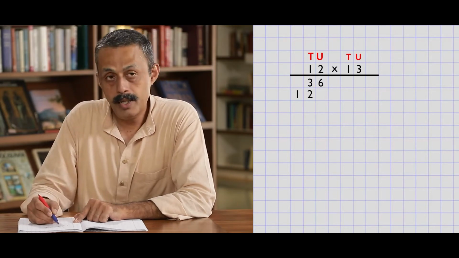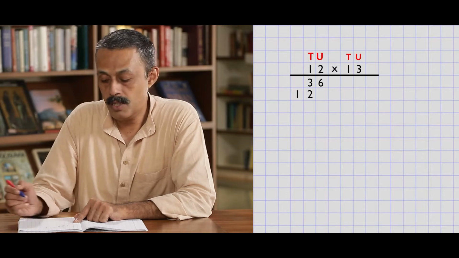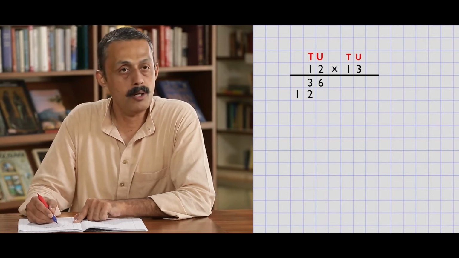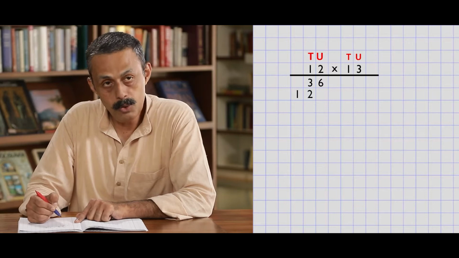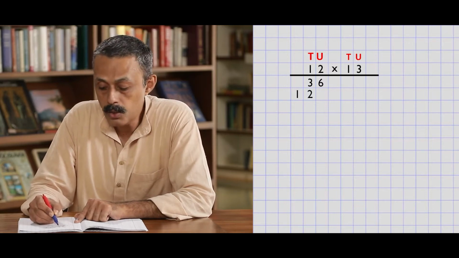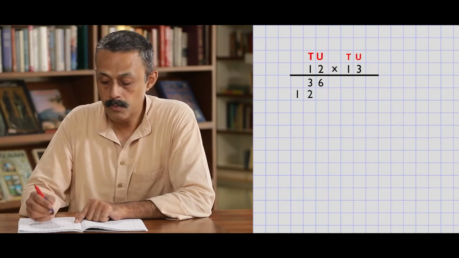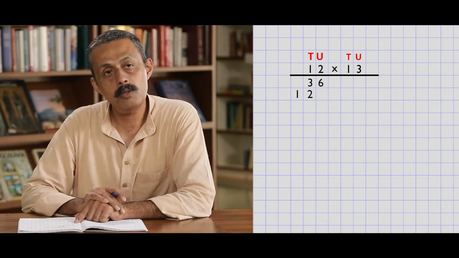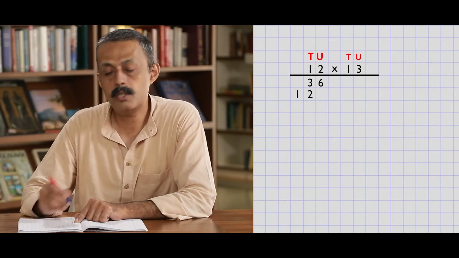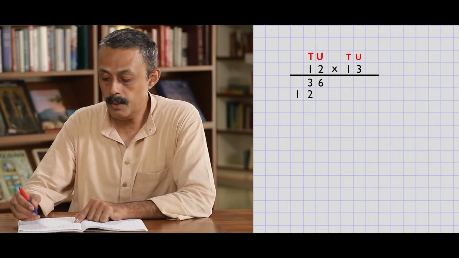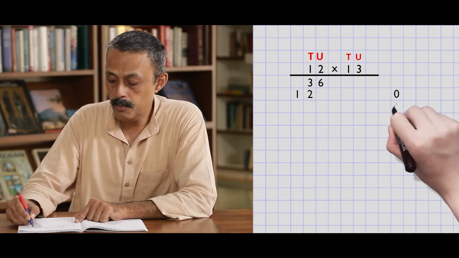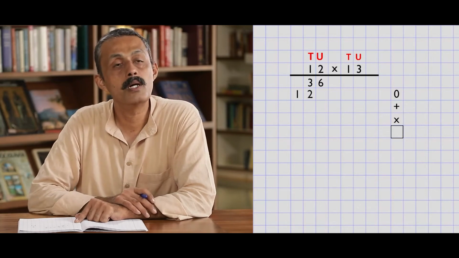When we ask this question to children or to teachers, we get different answers. We can leave it empty, or we can write an X mark here, or we can write a plus, or we can write a 0 also.